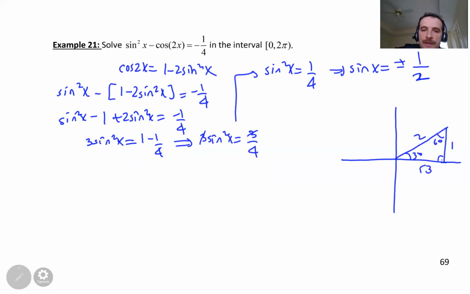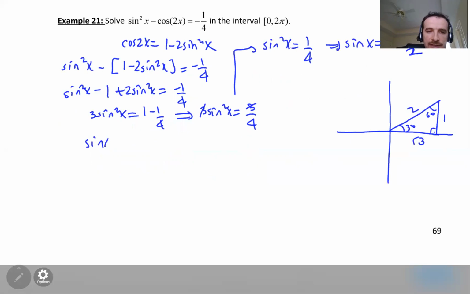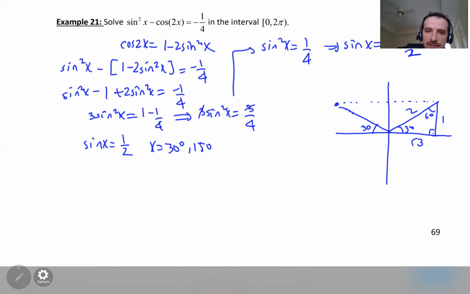So I have two cases here, and I am going to find solutions separately. The first one is sine x equal to 1/2. If this is the case, x is equal to 30 degrees. And find the symmetry to get the other angle because it's sine. What is the other angle? If this part is 30, then 180 minus 30 is 150. Okay, we got two solutions from there.